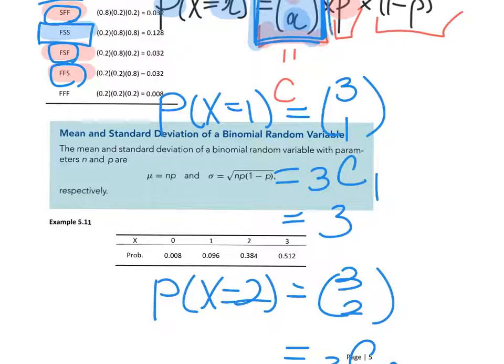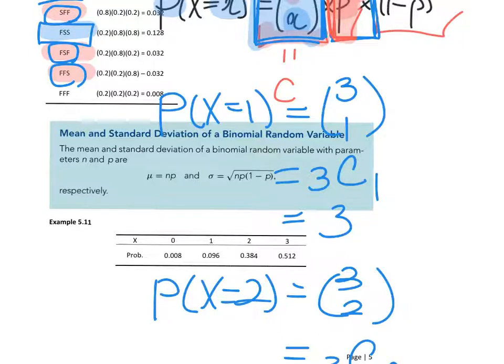Please look at the second term. Who was the P? What was the probability for? P was the probability for success. Right? And it had the power x. What was the x? The number of successes.